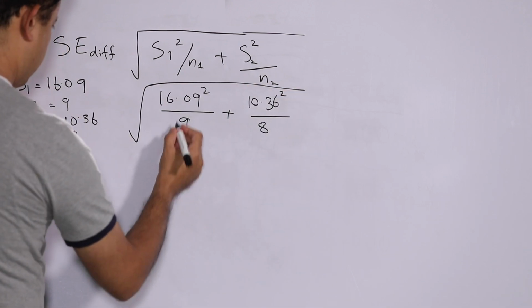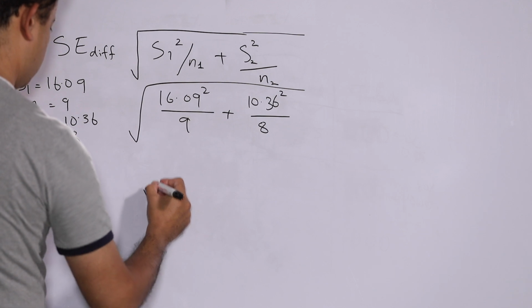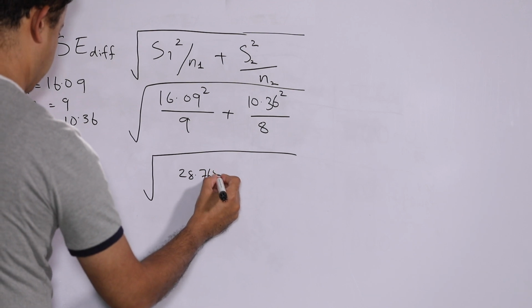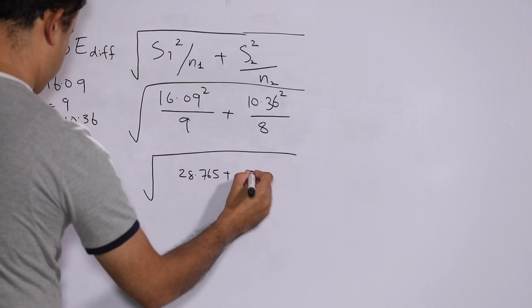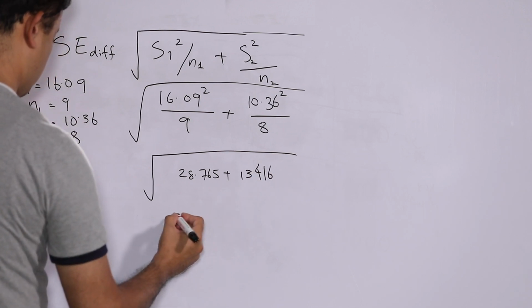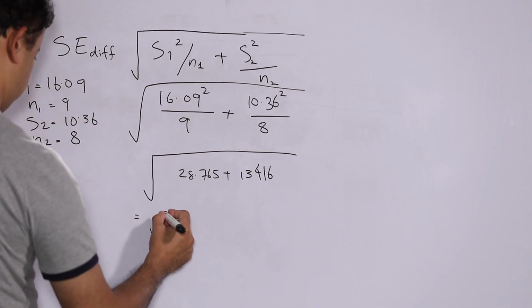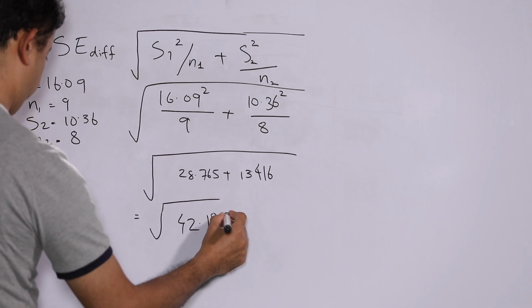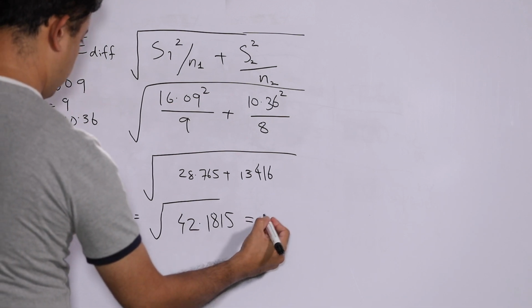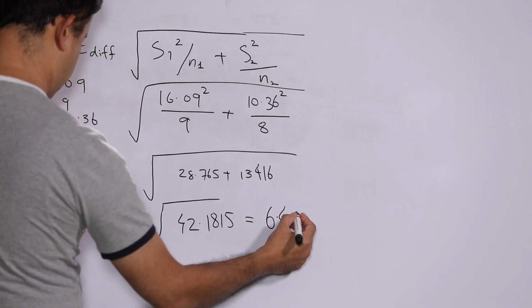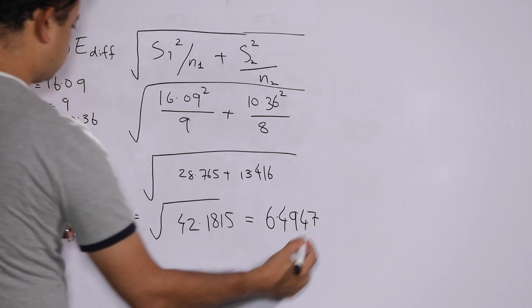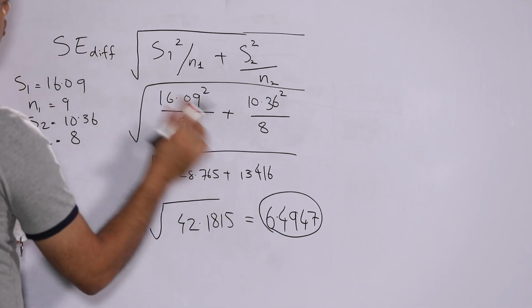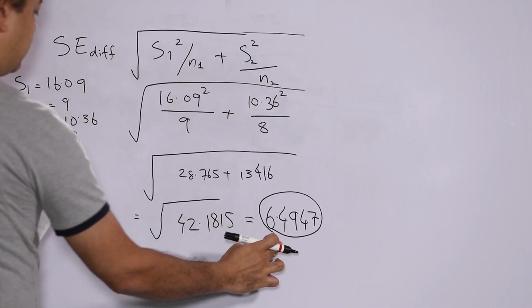Simplifying, it's going to be the square root of 28.765 plus 13.416, which is the square root of 42.1815. This is equal to 6.4947. So this value is the standard error of the difference between two sample means, and it is now known.